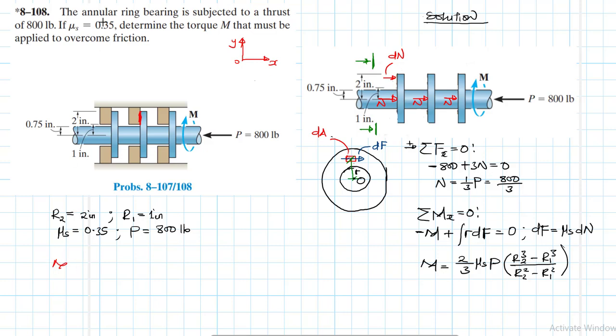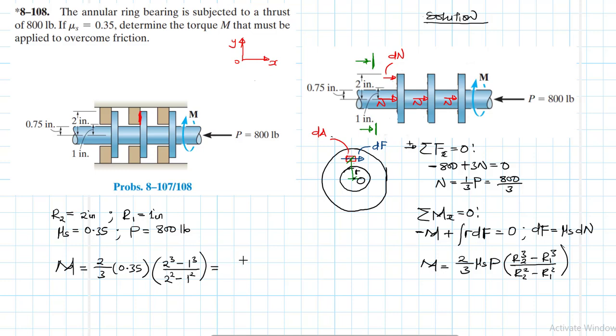Therefore, our M is going to be equal to 2/3 of 0.35 times 2 cubed minus 1 cubed divided by 2 squared minus 1 squared.